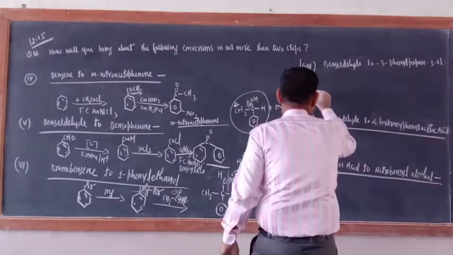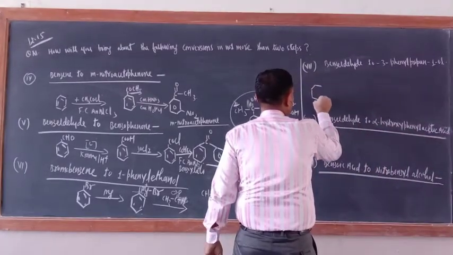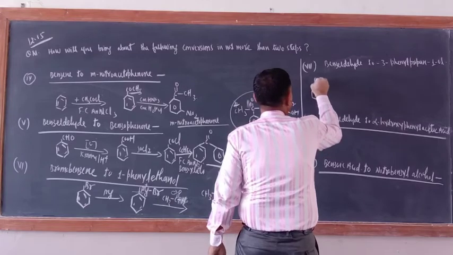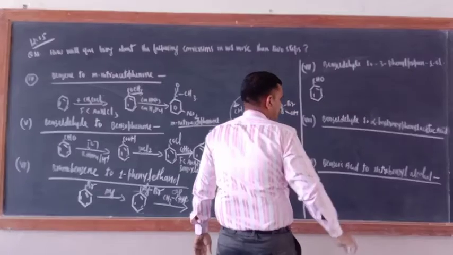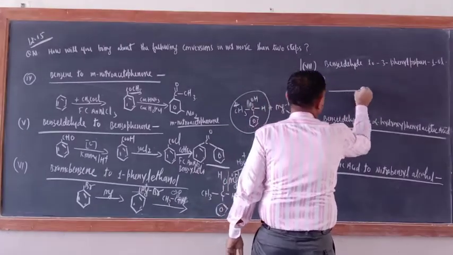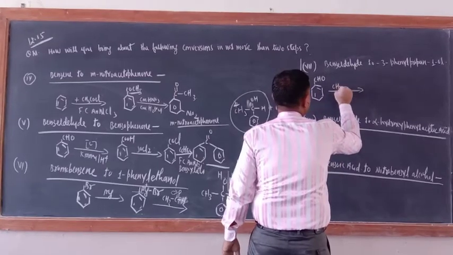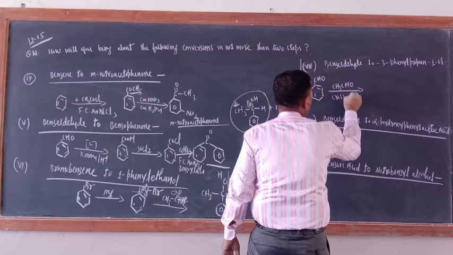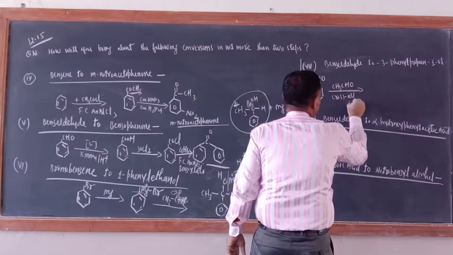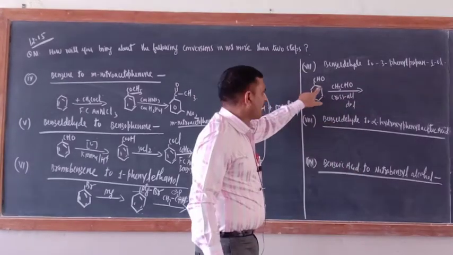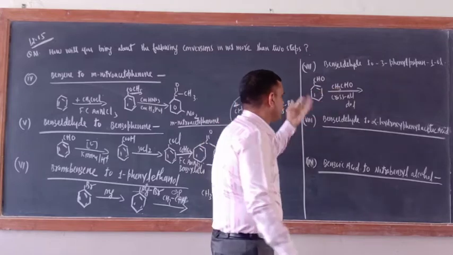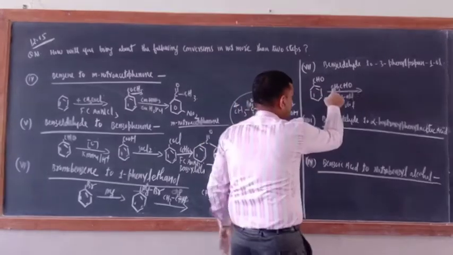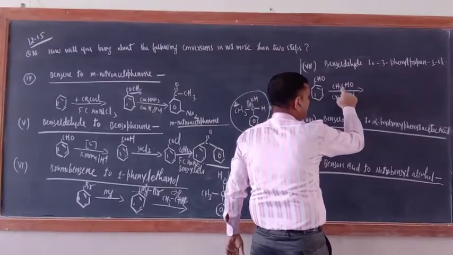Otherwise one more way is there. This is benzaldehyde, CHO. Correct. Now their reaction with CH3CHO. This is cross aldol, because this is not containing alpha hydrogen, but this is containing alpha hydrogens. Easy, very simple. It will furnish one alpha hydrogen.